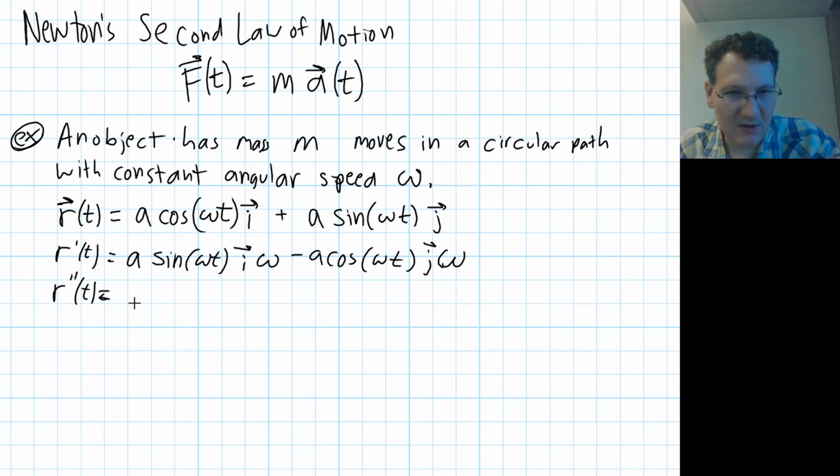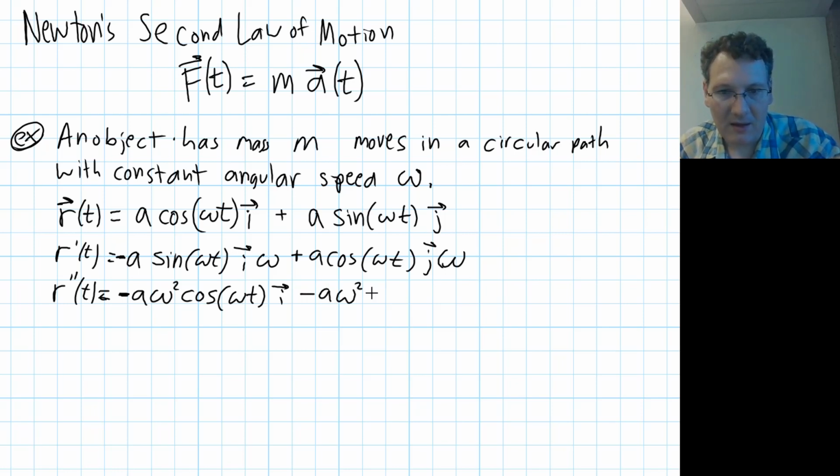Oh, I put the negatives in the wrong places, sorry. The first term is minus, and the second one is plus. The derivative of sine is cosine. Derivative of cosine is negative sine. But let's finish this. I'm going to get a omega squared cosine omega t i, minus a omega squared times the sine of omega t j.